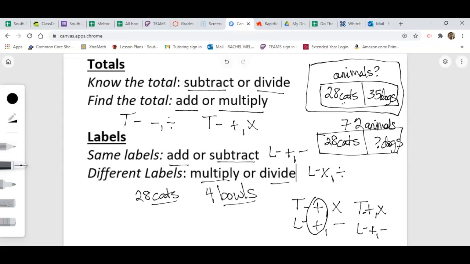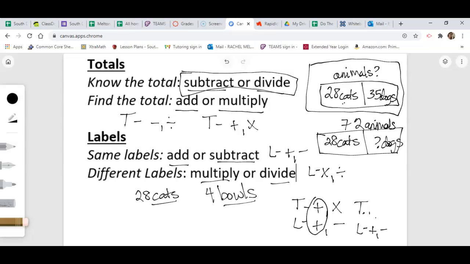See, even I get screwed up on this sometimes, and the kids will catch me. Kids will catch me every time, and they'll say, that doesn't make sense, and we'll have to go over it again. But okay, so I do know my total. So if I know my total, see, that's my problem. I didn't pay attention. I know my total. So if I know my total, I have to subtract or divide.